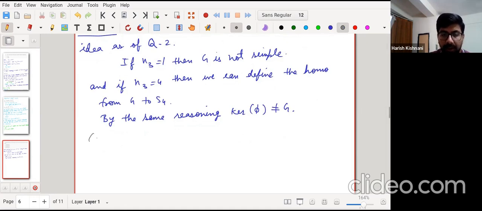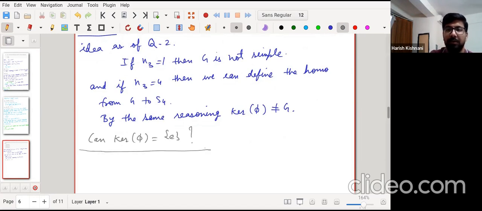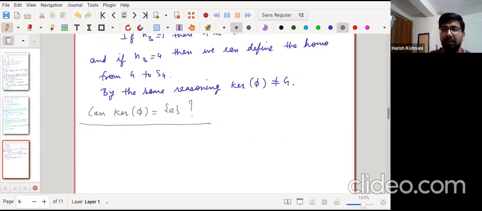Here the order of G is 24, which is the order of S4. Can the kernel of phi equal the identity? So our earlier argument won't work. Still, can we say something?